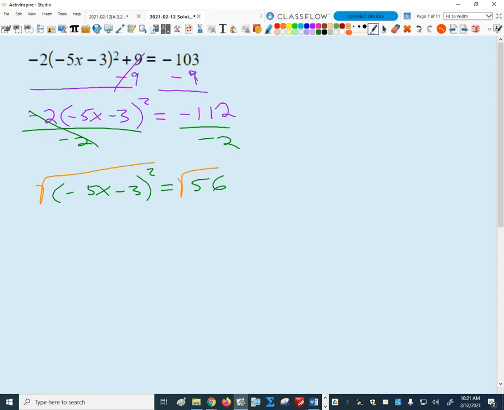And we got to deal with the square root of 56. Well, let's make our factor tree. What can I break out from that 56? Okay, I could do a 7 and an 8.